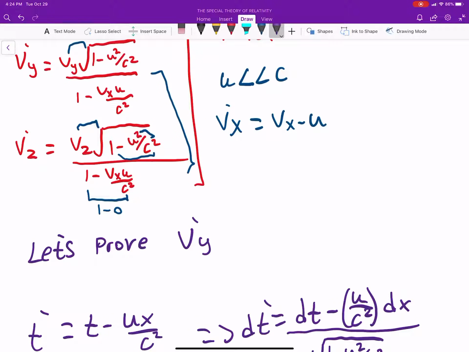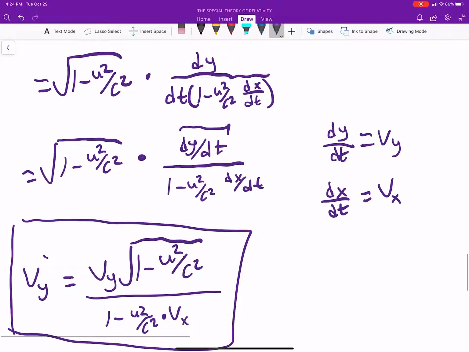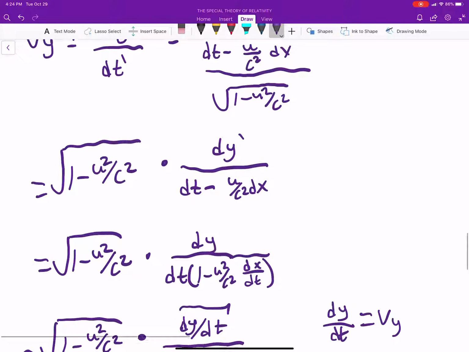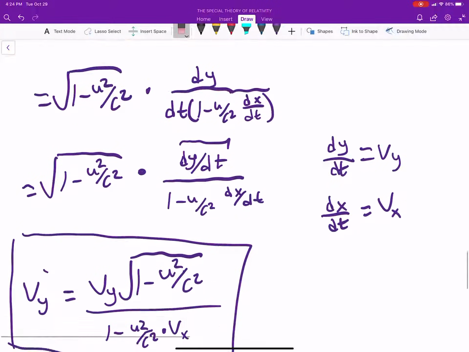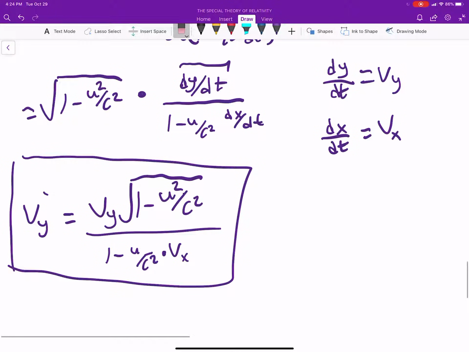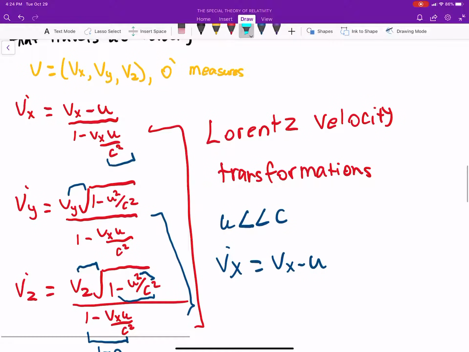Vy square root 1 minus u squared over c squared, 1 minus vx u. Did I square the u when I shouldn't have? I did, sorry. This shouldn't be squared. That should be squared. I think I was looking at this guy over here, but that one's not squared. This c is squared though. So yeah, there we go. There are our velocity transformations.